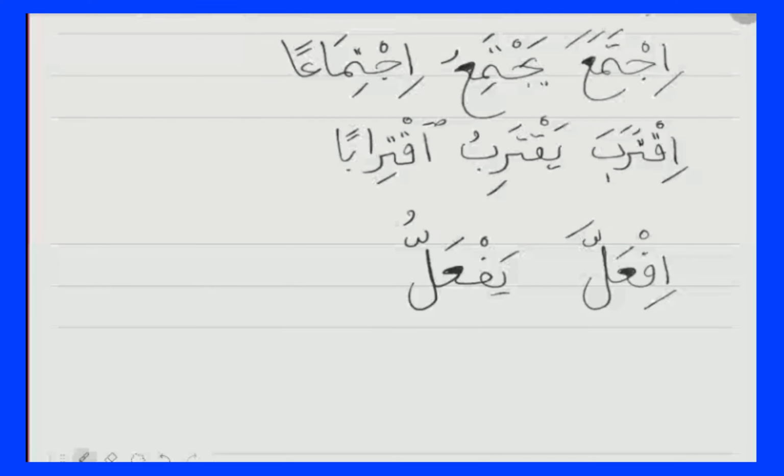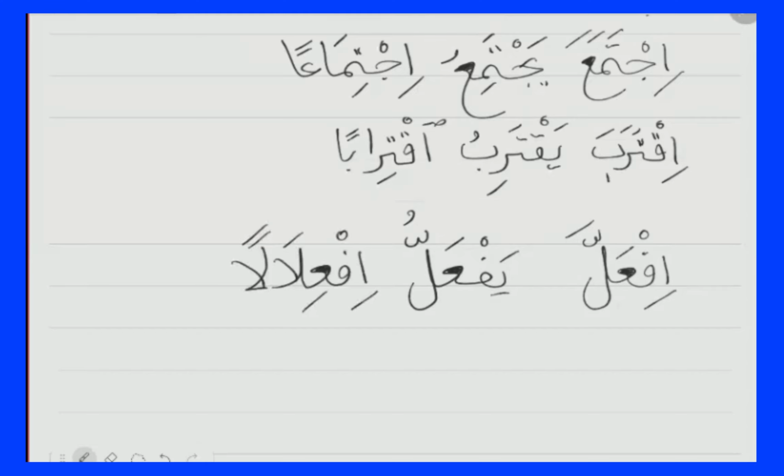Don't be lazy with your shadda, and don't be stingy, don't be miserly also. If'alla, make it clear. That's two letters, lam, lam. If'alla. The first one has a sukoon, the second one has a haraka. If'alla, yaf'allu.